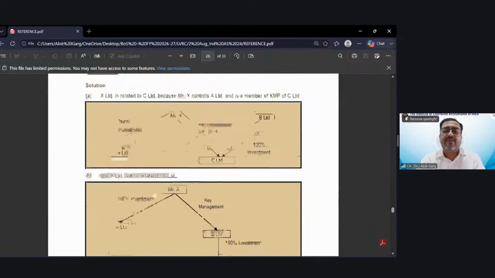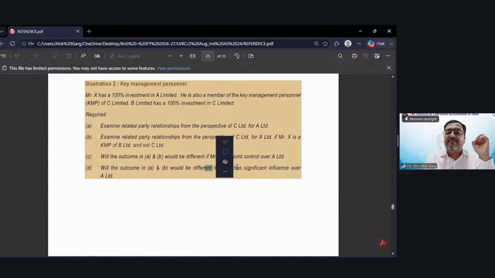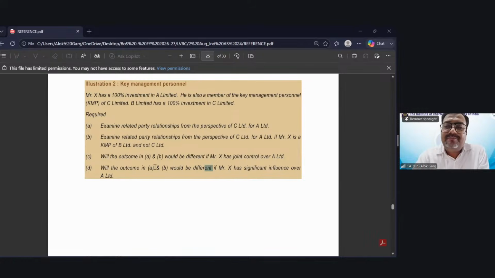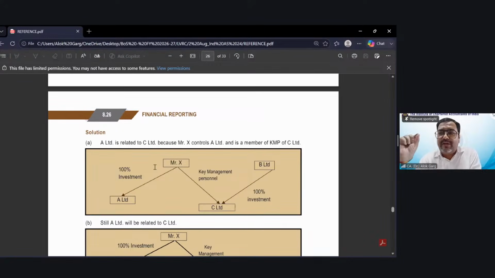Okay. So now, will the outcome in A and B be different if Mr. X has a significant influence, not the control, not the joint control? Then will C and A be related? I told you, the combination of control and KMP, and joint control and KMP will be there, but the combination of significant influence and KMP will not be there.